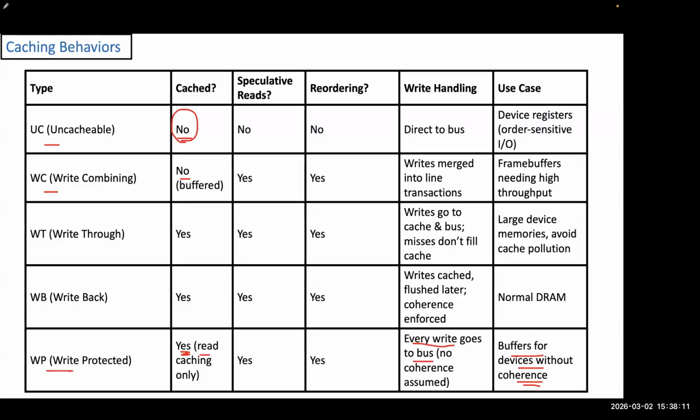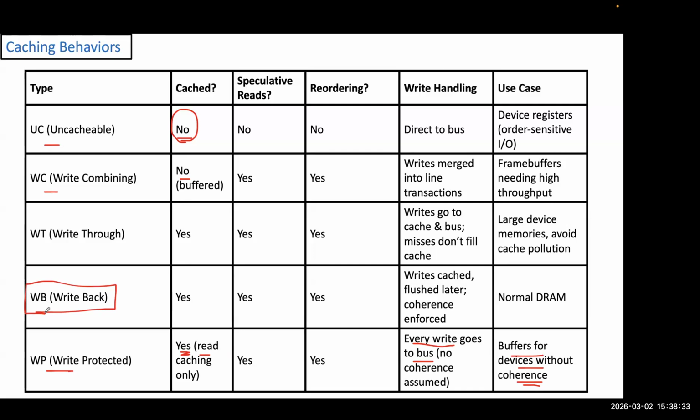Okay, now why were we talking about these caching behaviors? Because we said that write back is the caching behavior which is compatible with the memory abstraction we talked about when we started discussing this paper, right?